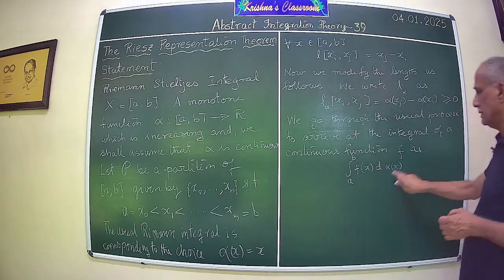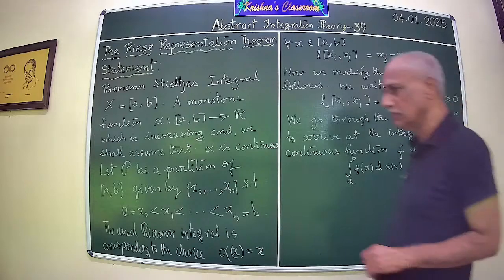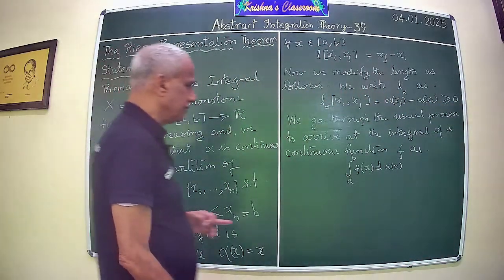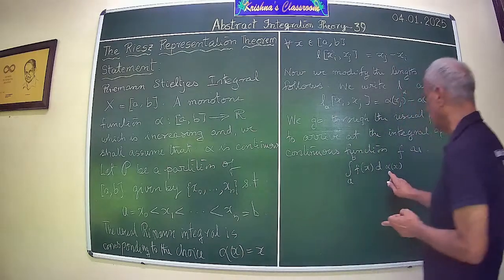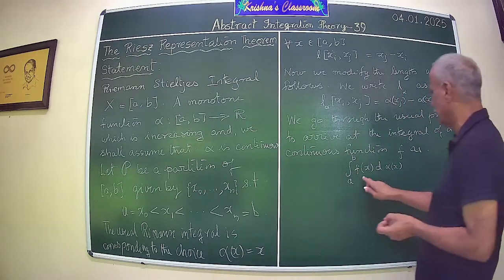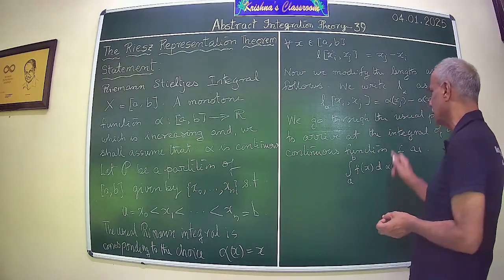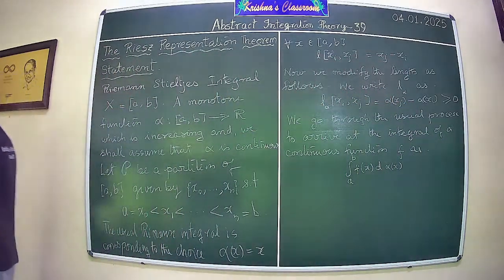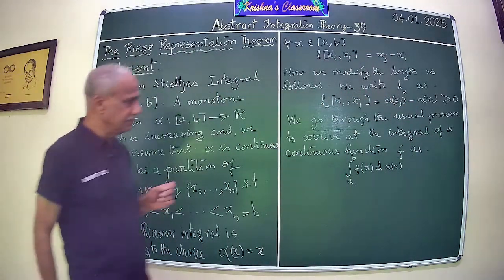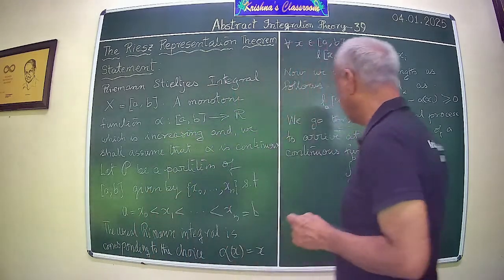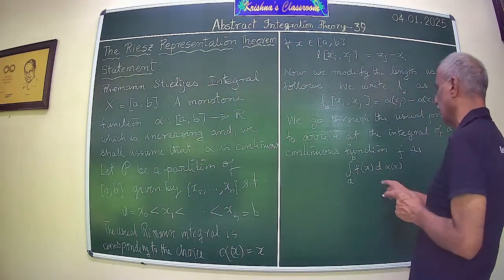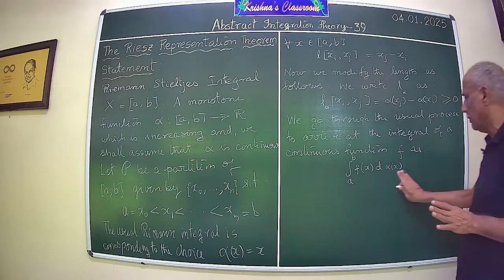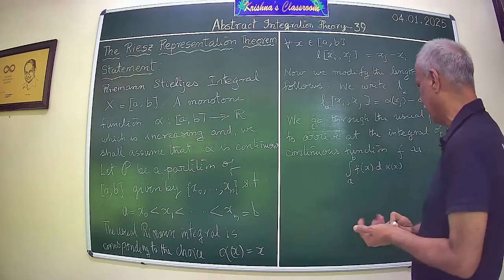Now this alpha may not be a differentiable function. It need not be a differentiable function. So if it is a differentiable function and the derivative exists, then since it's a monotonically increasing function, alpha derivative is non-negative, and this can be rewritten as alpha prime dx. That is possible, but we are not interested in that right now.